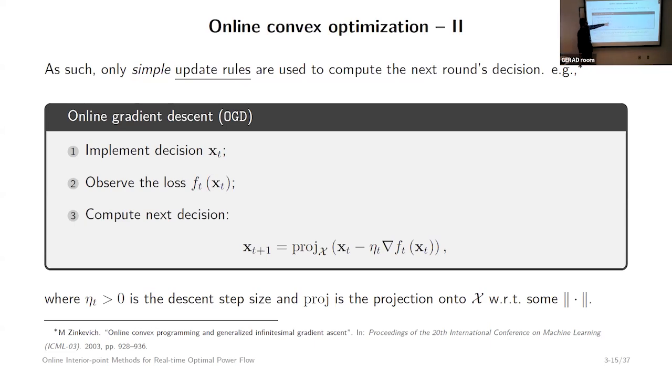So I get f_t, and I prepare the decision x_{t+1}, which is, as I said, one projected gradient descent step, where eta is my descent step size to be tuned. And then we have a projection with respect to some norm onto our convex set. This is great, and the beauty of it is that by its simplicity, we can analyze it further and really guarantee and see what's going on.